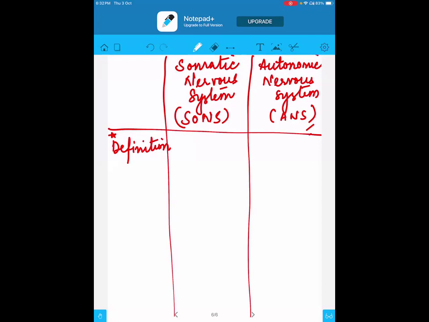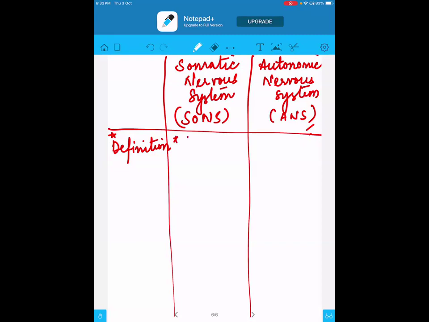Wherever we have to use skeletal muscle, our body uses the somatic. Whereas the autonomic nervous system handles all the involuntary movements of the internal organs, like the pumping of the heart and the breathing of the lungs. These internal organs work by themselves, we are not controlling those actions, so they come under the autonomic nervous system.